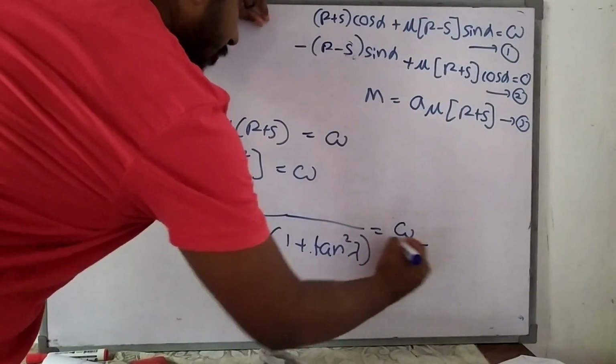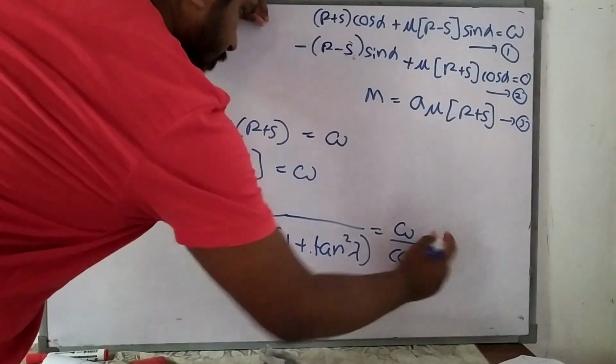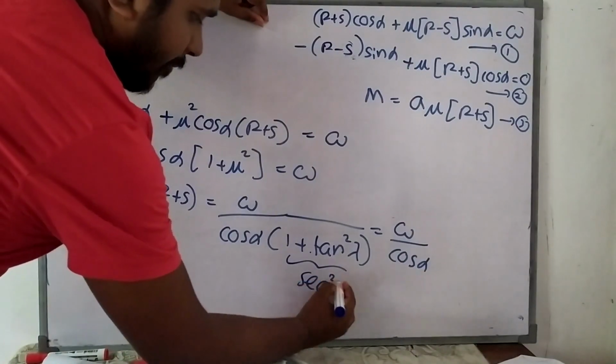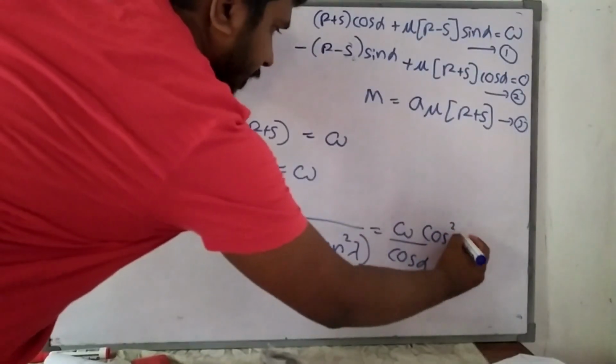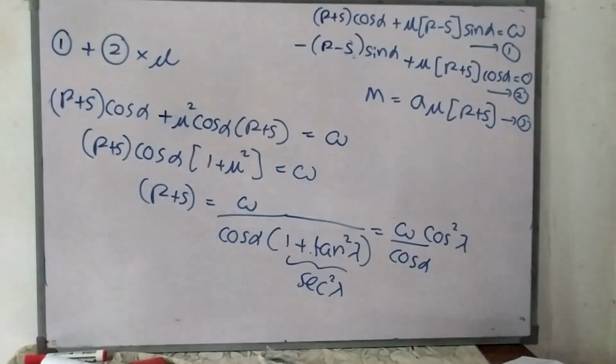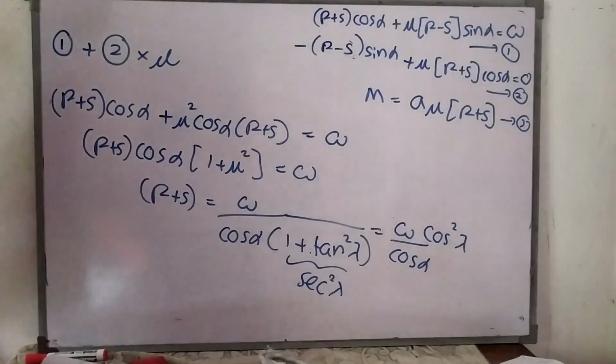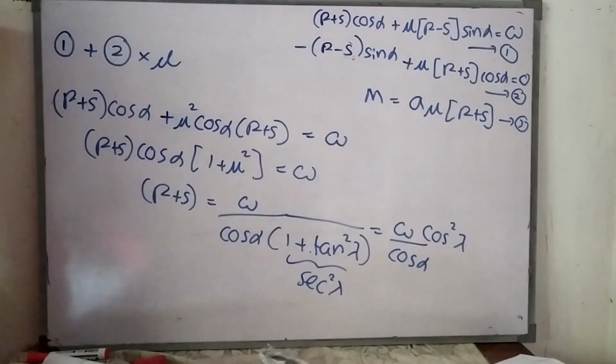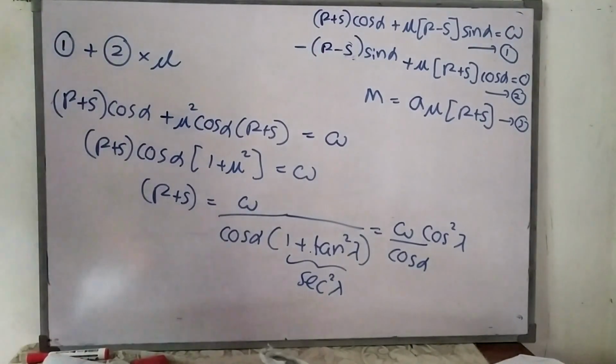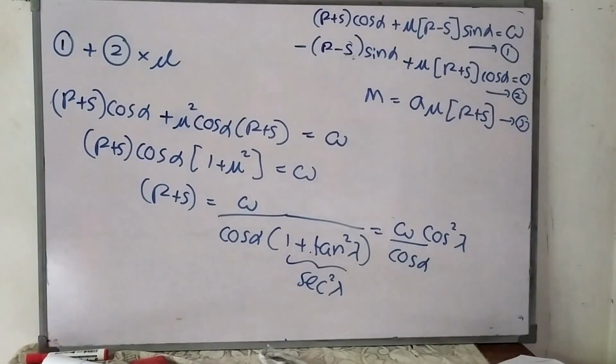I told you in the theory lesson, watch the first video, that mu equals tan lambda always. 1 plus tan squared lambda under trigonometry is sec squared lambda, so it's going up with the cos squared lambda. Right, so hope now we can substitute the R plus S value into the main capital M equation, to determine the capital M in terms of only alpha and lambda.